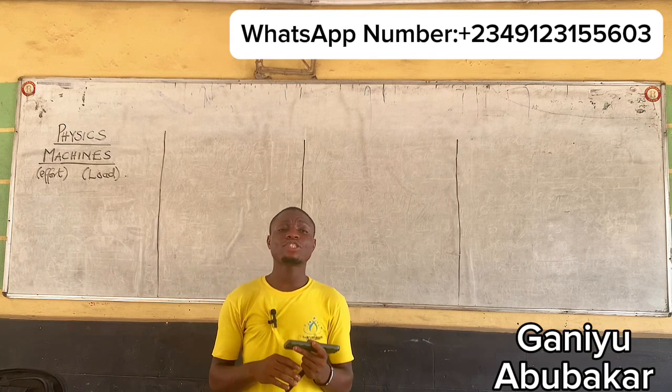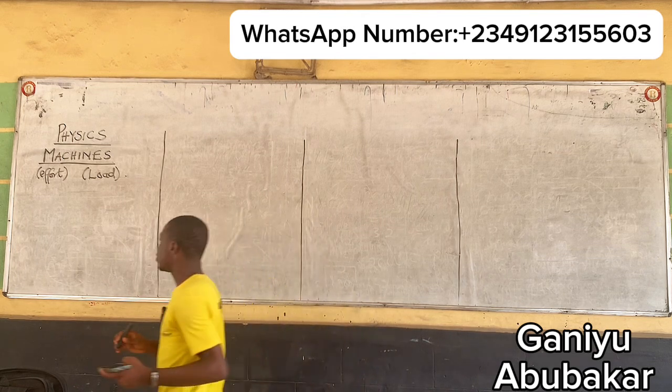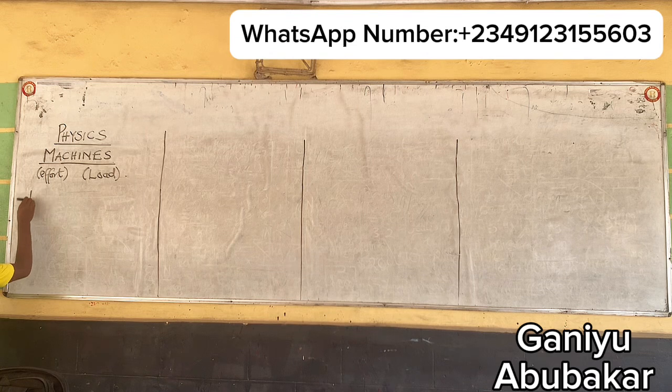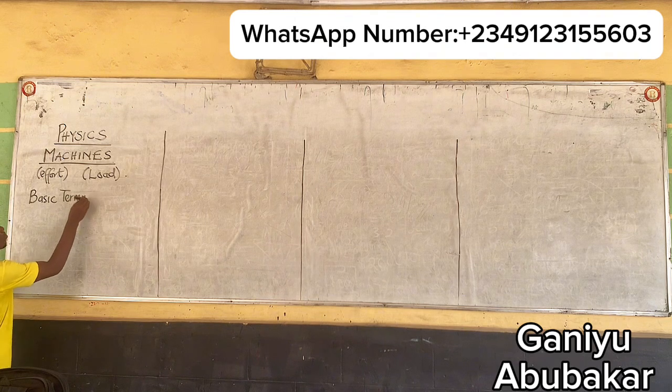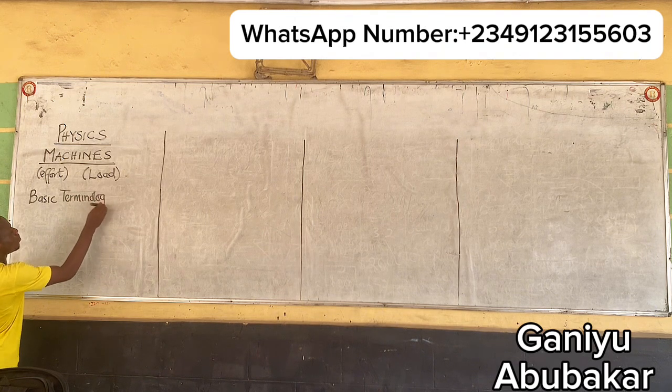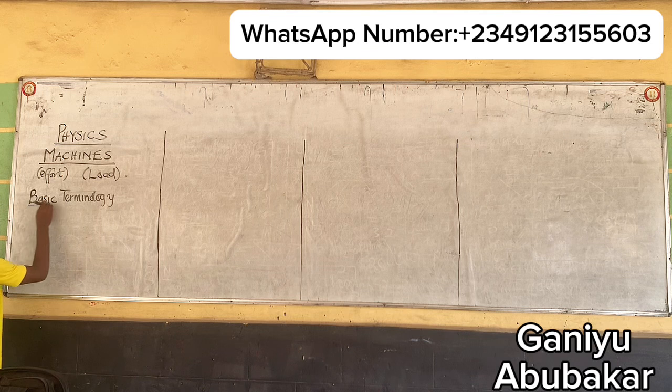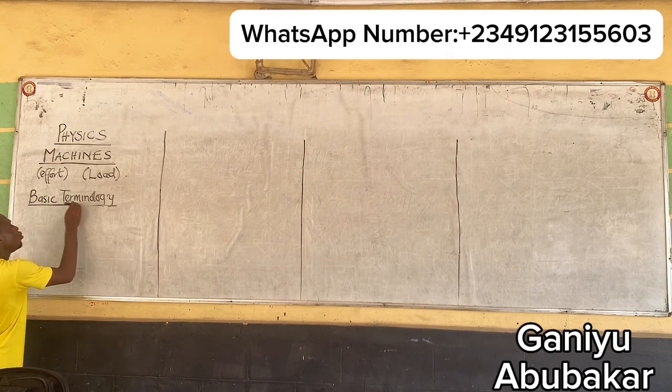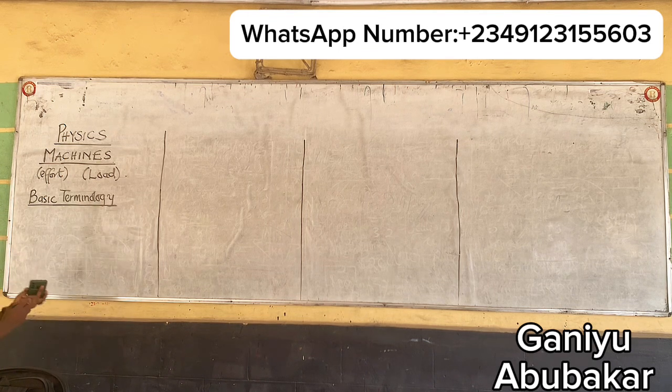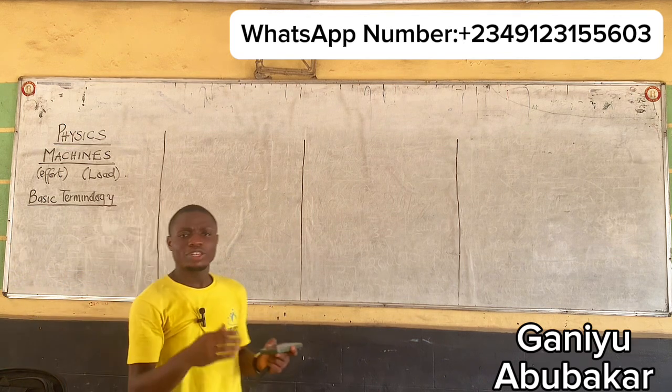Now let's look at some basic terminology, please. Let's look at basic terms, basic terminology in the study of machine. What are these terms we need to be familiar with when discussing machine? So let's look at these terms, please.